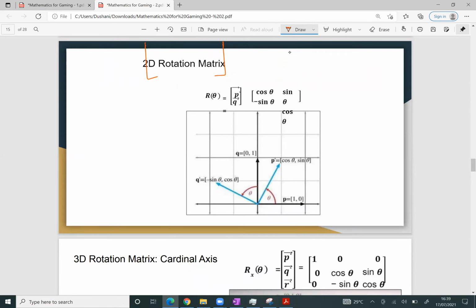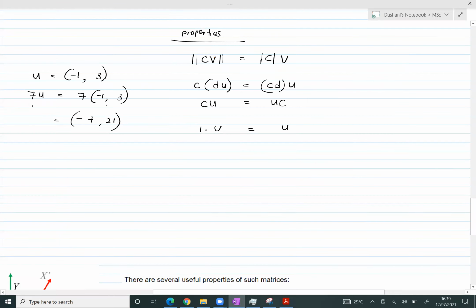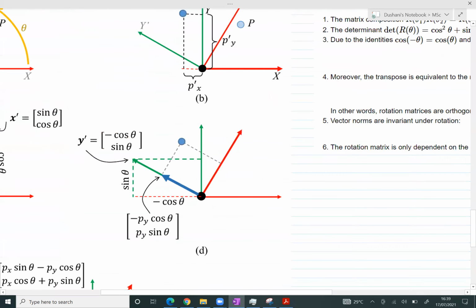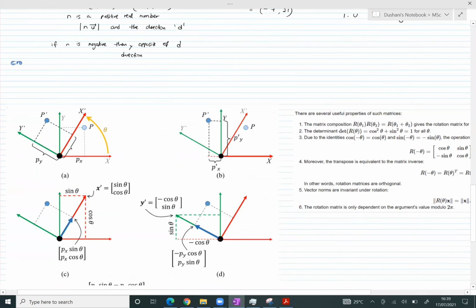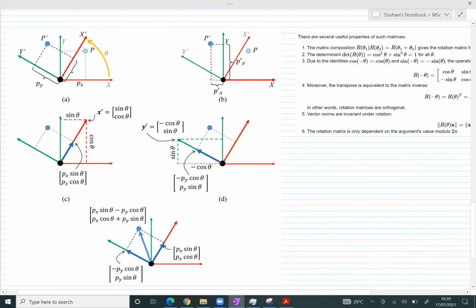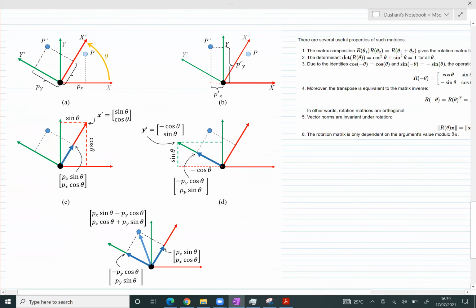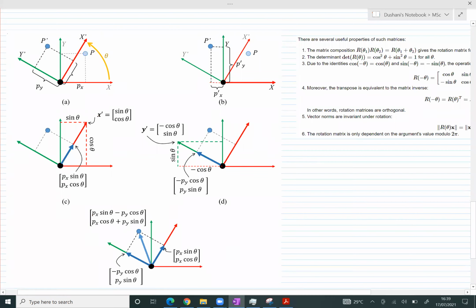So when it comes to 2D rotations in the 2D space, rotations about the origin by an angle theta can be defined as a linear transformation.